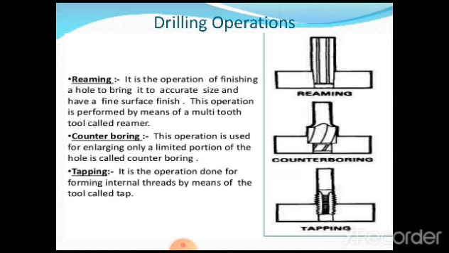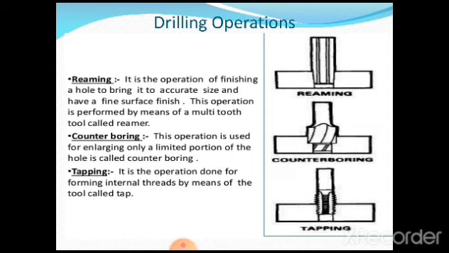The next important operation is called reaming. Reaming is nothing but the finishing of the hole. Generally in a regular drilling operation, the surfaces of the hole are rough, so those have to be finished. That finishing is reaming of a hole. It is the operation of finishing a hole to bring it to accurate size and have a fine surface finish.